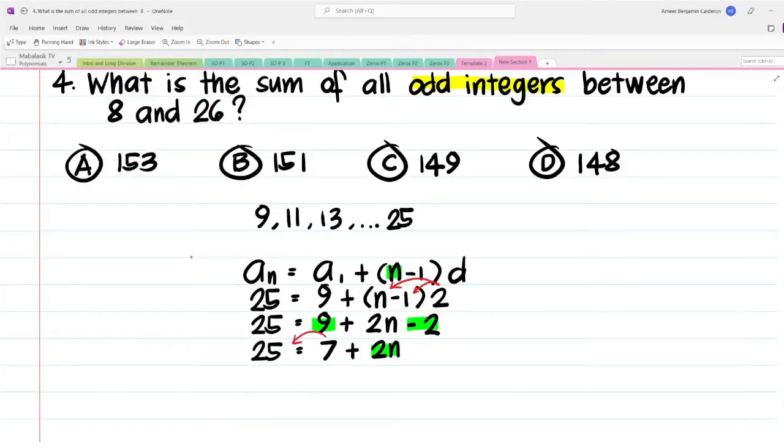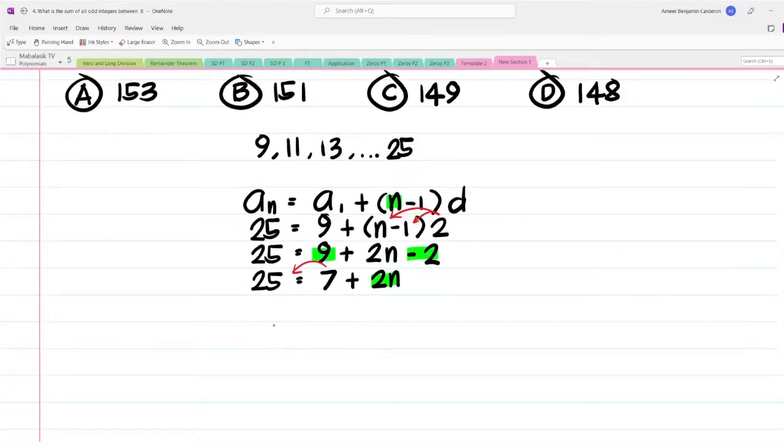If it passes through the equal sign, of course, because that is on the other side, it changes its sign. So 25 now, this is a positive 7, which will become a minus 7, is equal to 2n. So 25 minus 7 is 18, is equal to 2n.